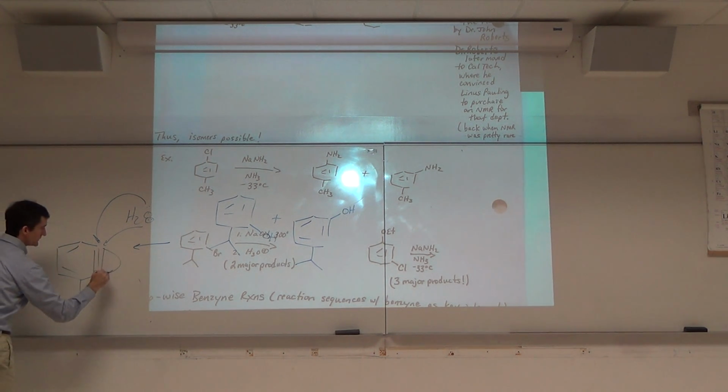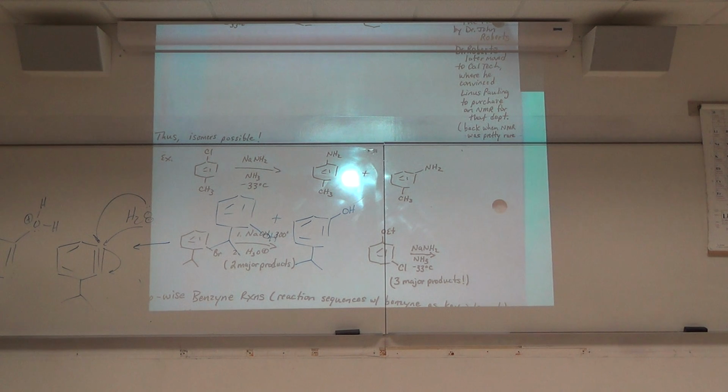Another reason, when we move this over, what does that give? Anion. Okay? Right here. What type of electronic effect does this group have? Donates. Is that going to stabilize the nearby anion?